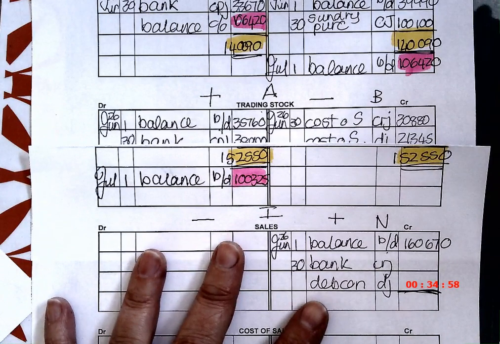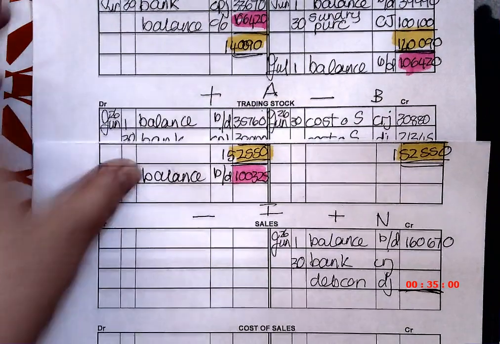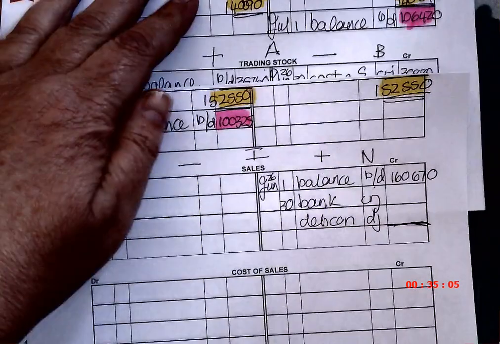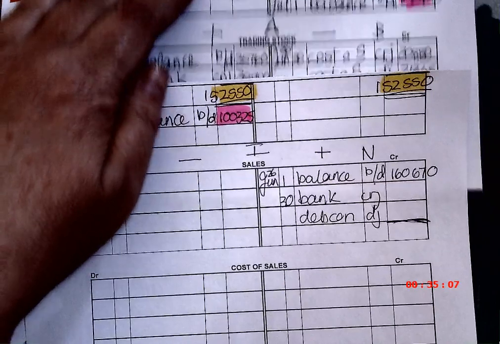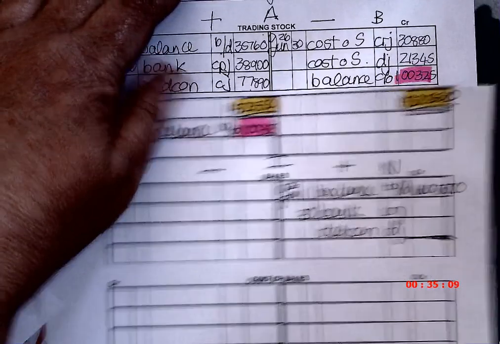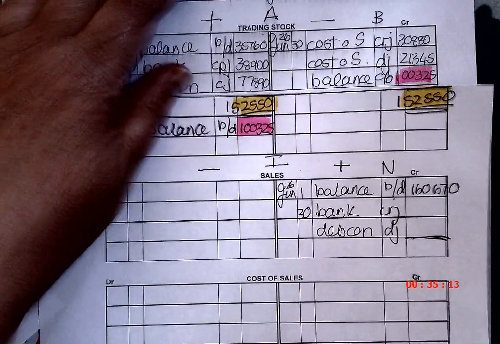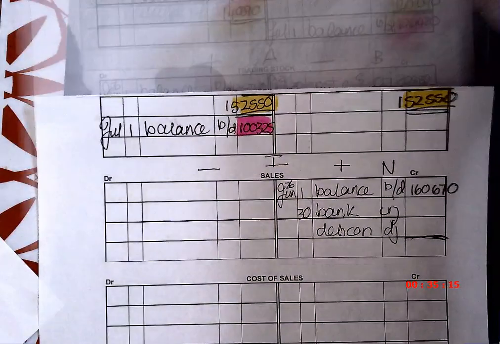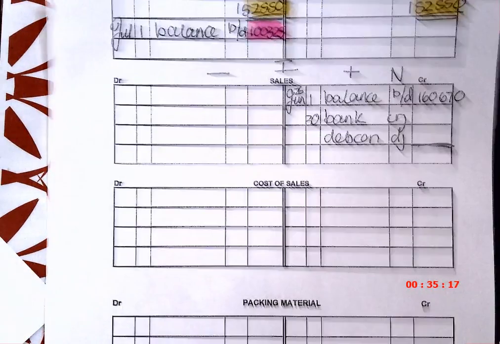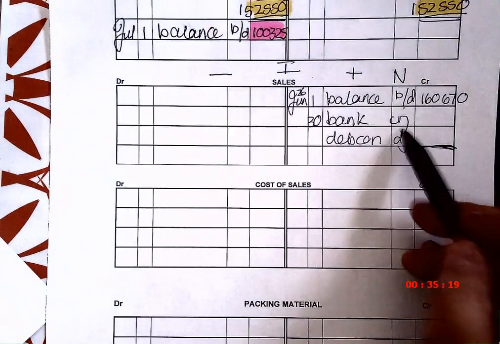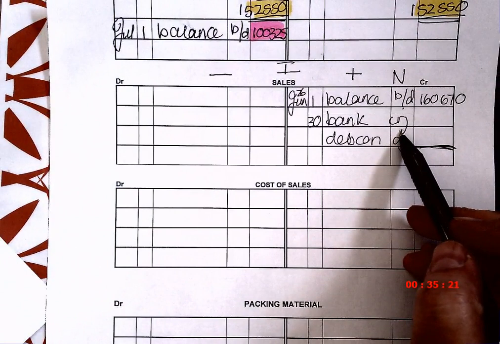Now I look. I say, okay. If I go to the CRJ, sorry, I just try and get this thing right. And then it falls again. If I go to the CRJ, what am I going to look for? Plan A. Sales.